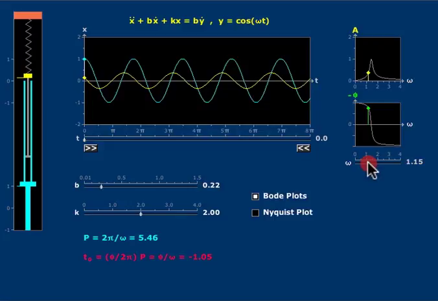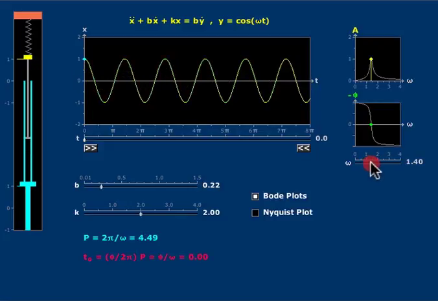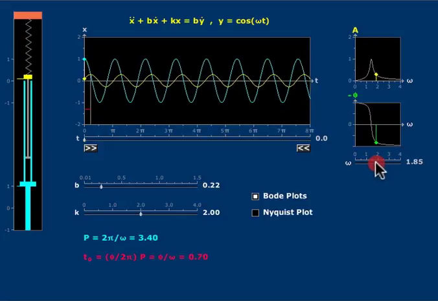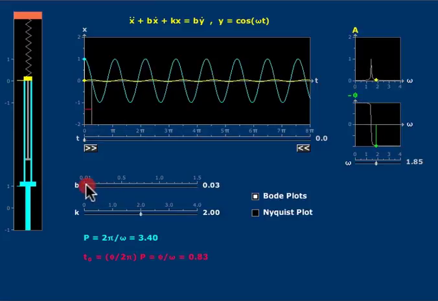Now the system response is ahead of the input signal, but it very quickly flips to being behind it as you cross the resonant frequency. And that transition happens more and more rapidly as B gets to be small. Each one of these three observations can be verified by calculation.